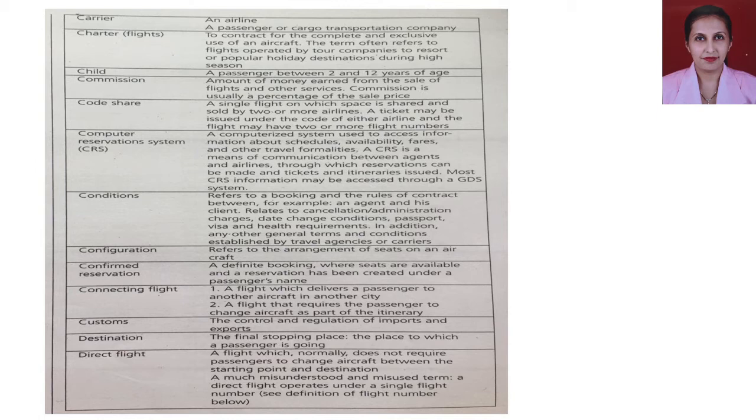So in this case, as a passenger, I don't need to get down from the flight. I have to just wait there, okay, and I have to wait for another passengers to come and board the flight, and then the same aircraft, the same flight will go from Dubai to London. Okay, I hope this is clear.